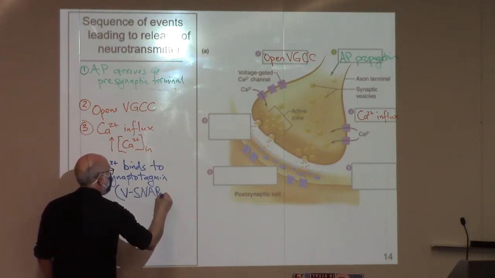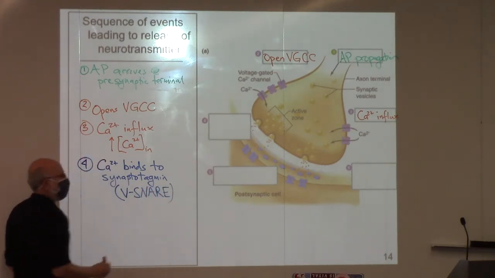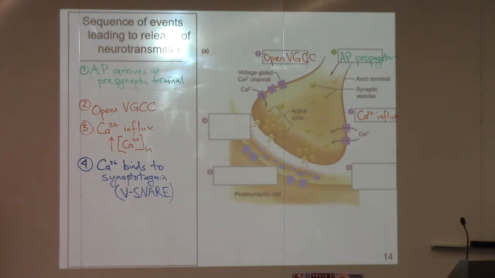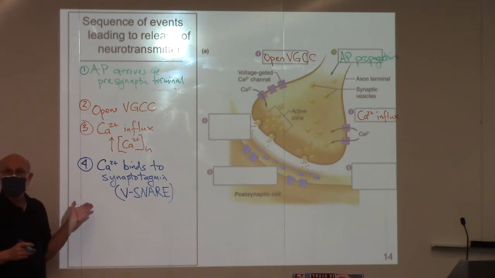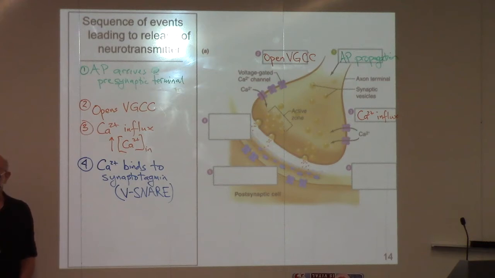So you may remember the snare complex. We're going to show that in a minute. Synaptotagmin is one of the V snares, the snares associated with vesicles.